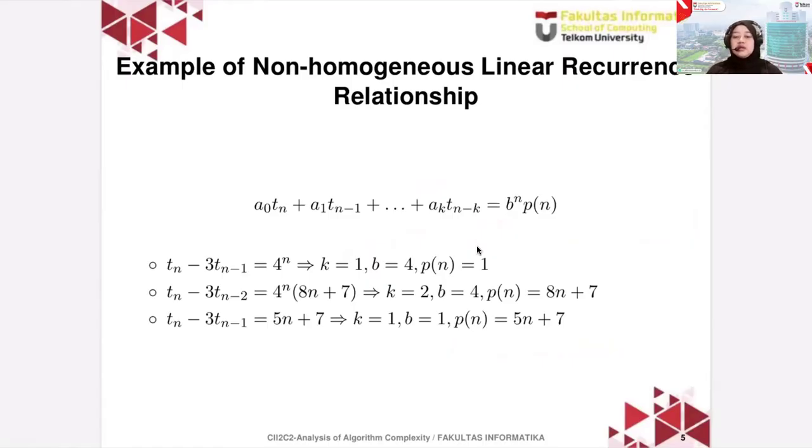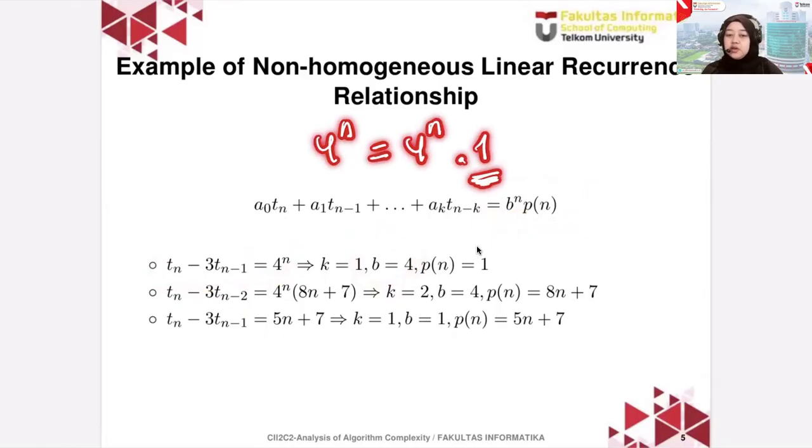And then, like what I said before, the right-hand part of the equation will be in this form. So if you have this linear equation, then in this part, you can see it is b to the n. So b will be 4. And the polynomial for n is actually 4 to the n times 1, right?